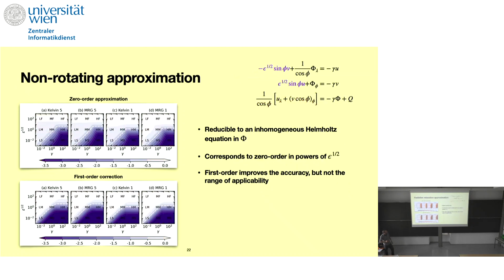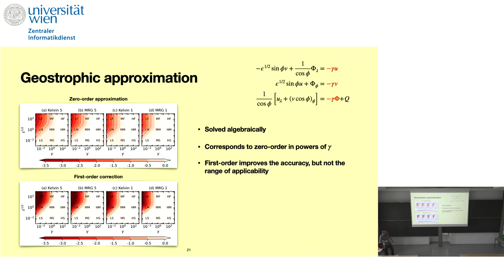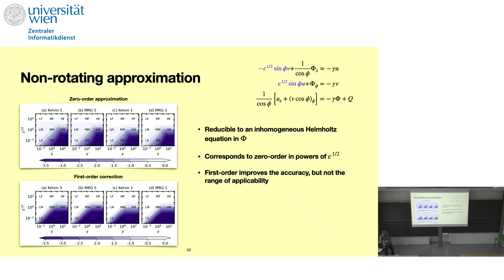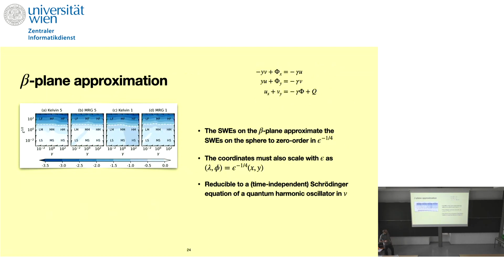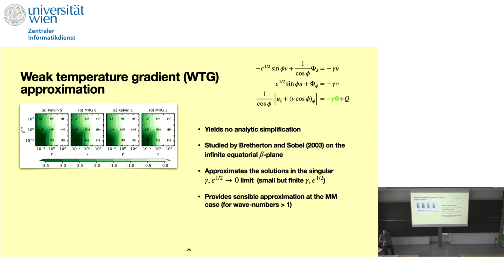Finally, you may have seen that the geostrophic and non-rotating approximations lose accuracy in this region, and that's because the limit of zero epsilon and zero gamma is a singular limit. The equations become underdetermined there. The only way we found to handle that is using the weak temperature gradient approximation, which was considered by Bretherton and Sobel, where essentially the dissipation term is negligible only in the continuity equation.